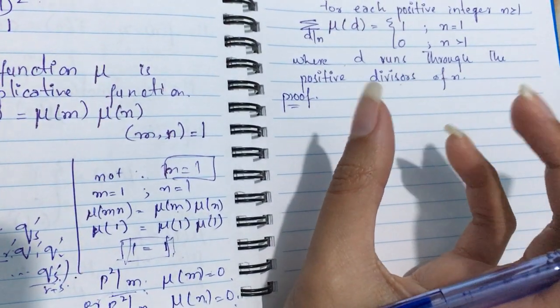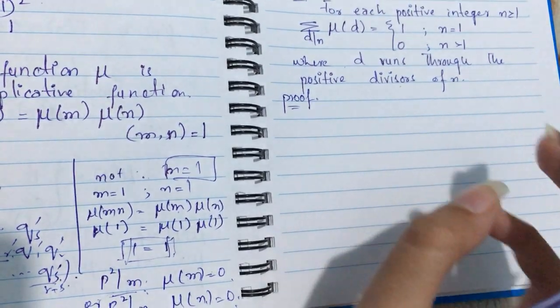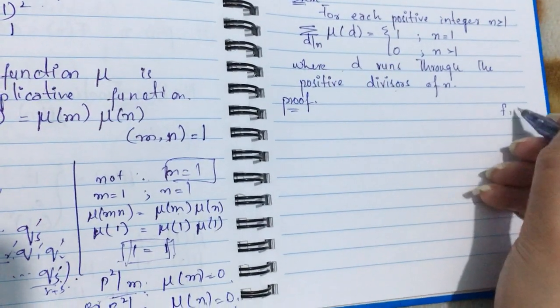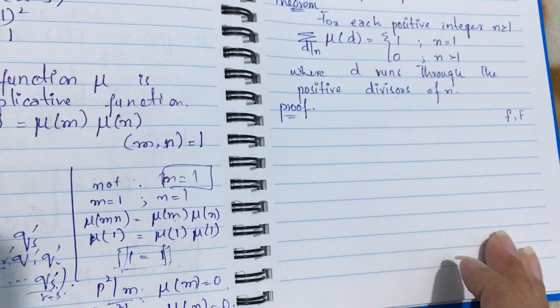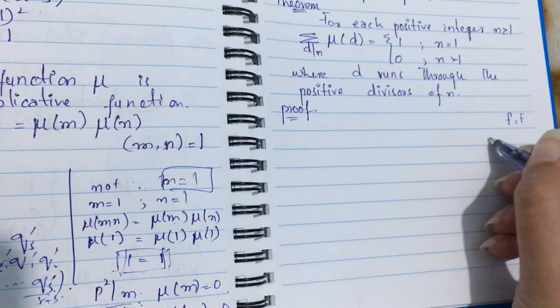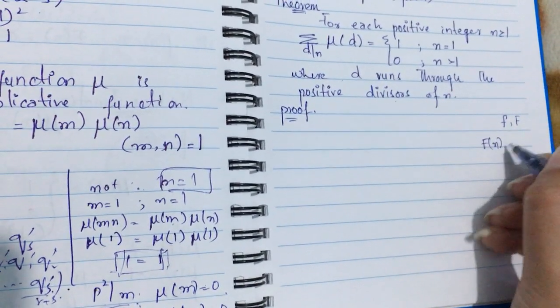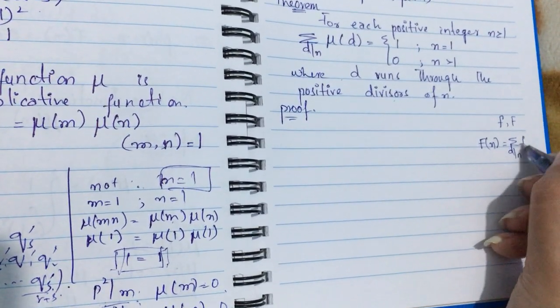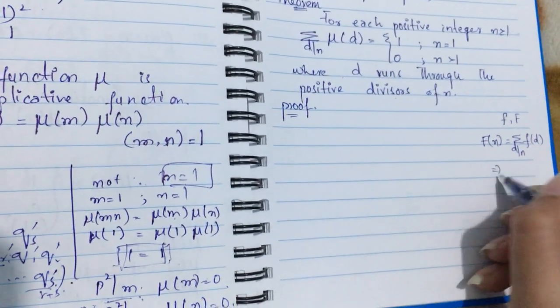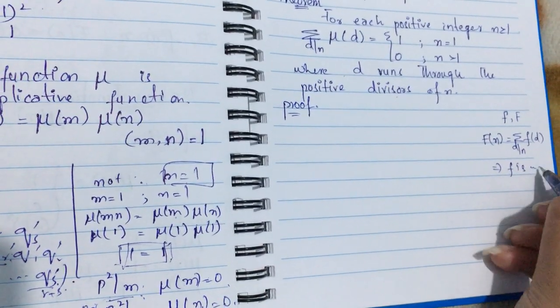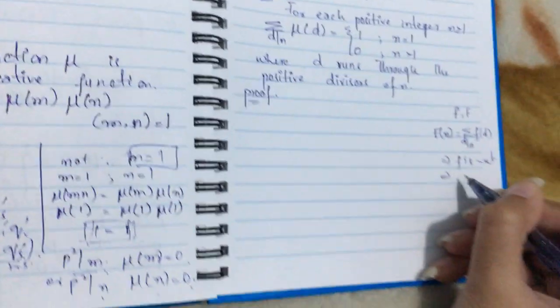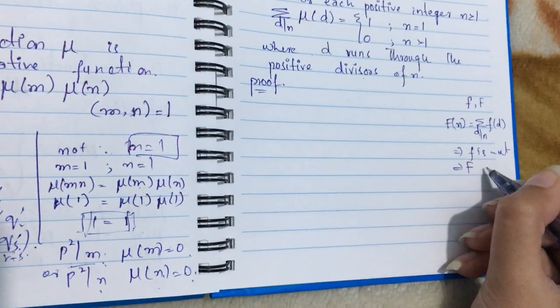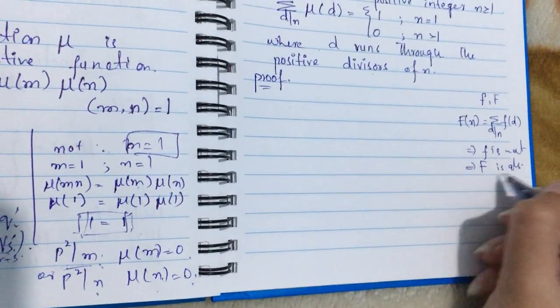Here we have a result that when small f and capital F are arithmetic functions, then we can write F of n as the summation over d dividing n of f of d, and here f is multiplicative and capital F is also multiplicative.